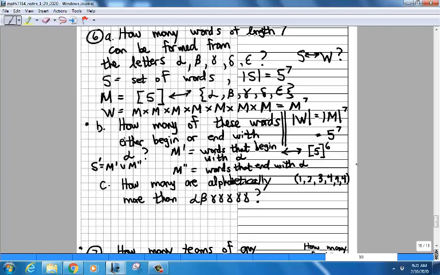Which letters to use after what? After the first alpha, right? So this word would be what? We'd start with alpha, and then what would come next? Alpha, beta, gamma, delta, delta, right? Okay, there you go. We'll get there, but we haven't got there yet. I'm just trying to count this set, I'm just trying to build up this set.